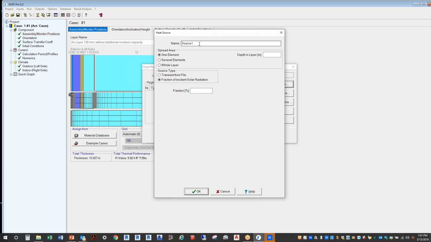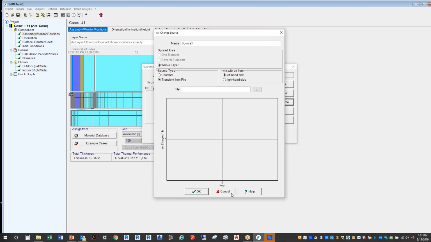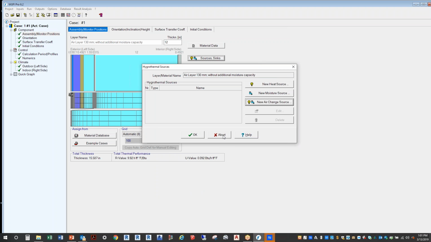So if that's a heated attic, for example, you could just say that whole layer is, spread area, initial depth, whole layer, source, okay. No, wait, you have to select a surface. The way that I have used this was air changes.